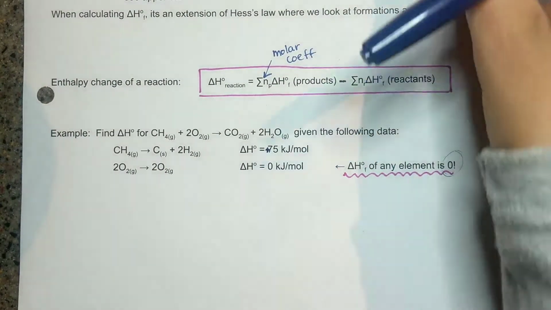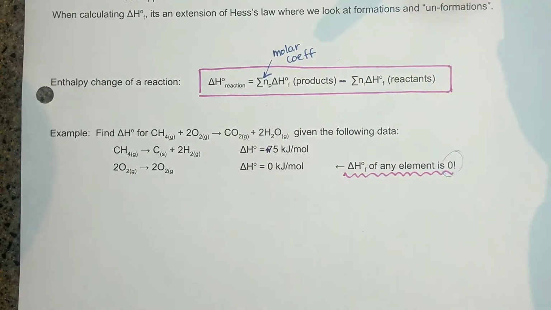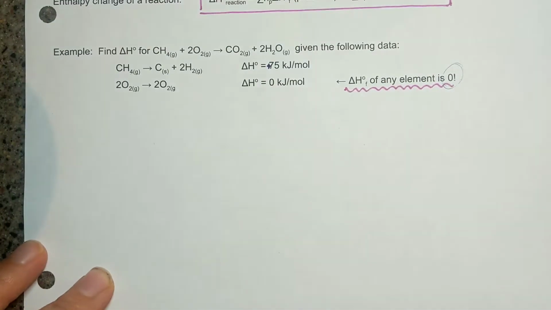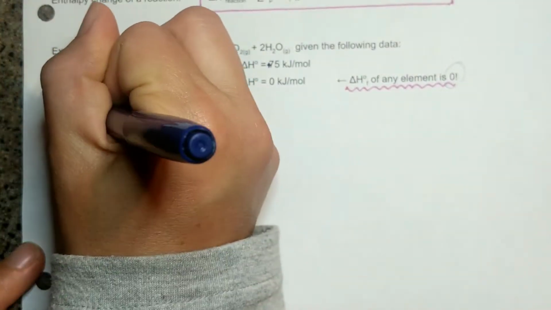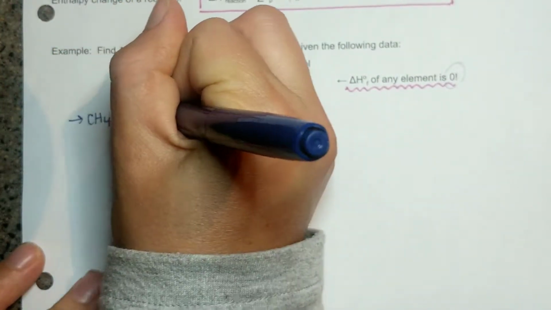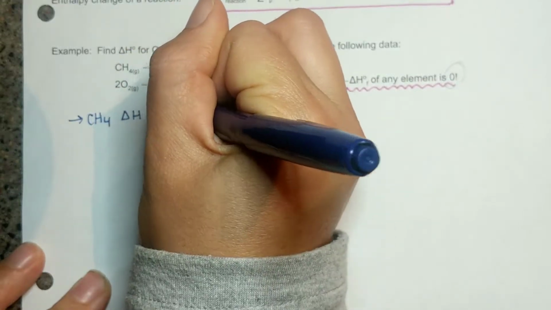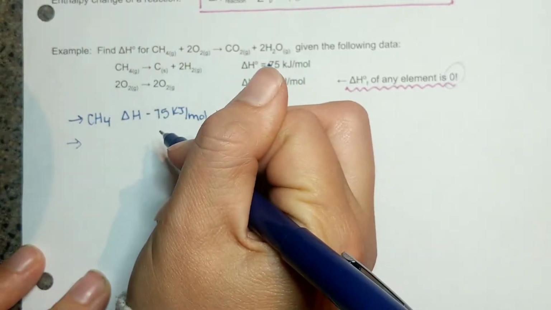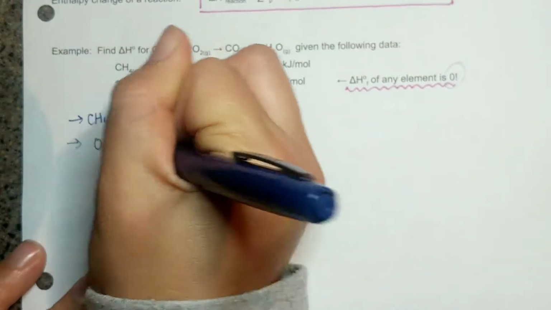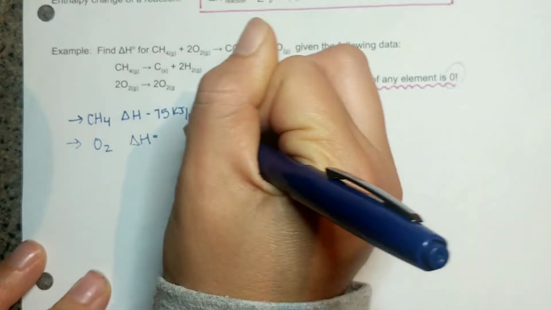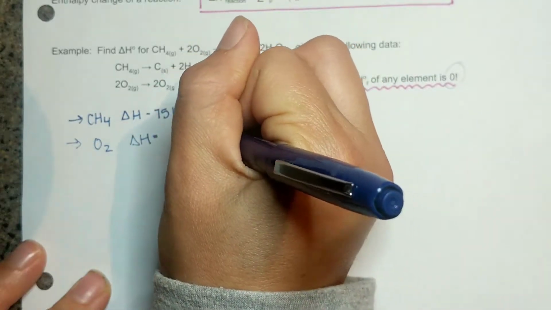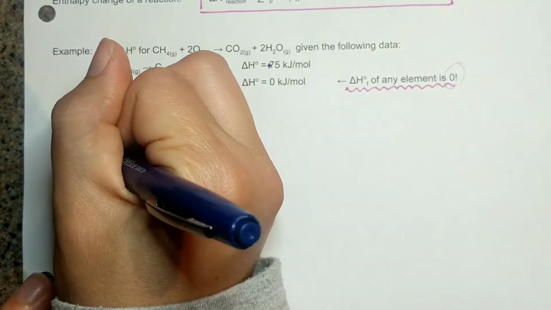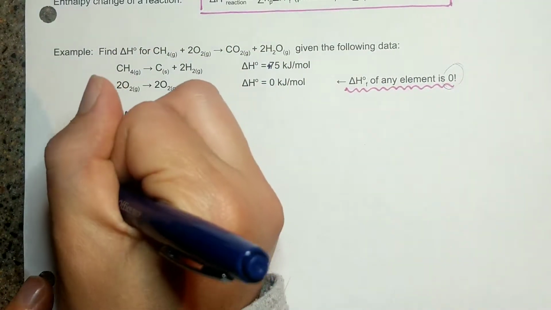One way is where you can look up your enthalpies of formation for all of your molecules. So we're going to do that first. In the back of the book, when I look it up, I find that to make methane, I have a delta H of negative 75 kilojoules per mole. To make oxygen, that has a delta H of 0 kilojoules per mole, because that comes from its elemental form, and it is its elemental form, so there's no change.